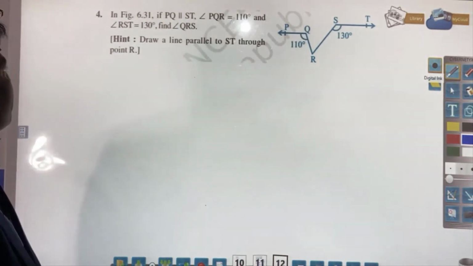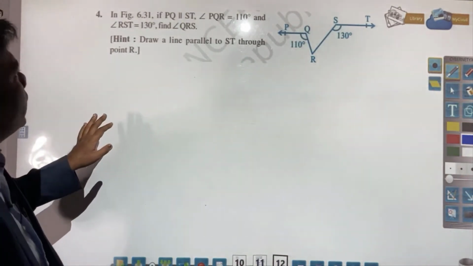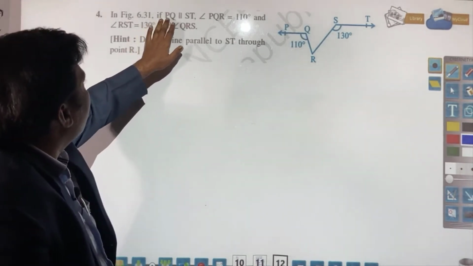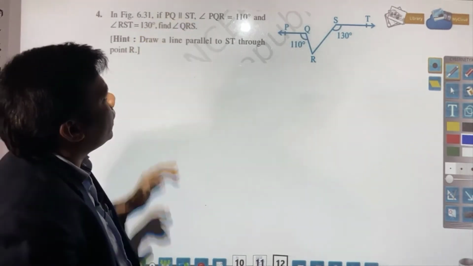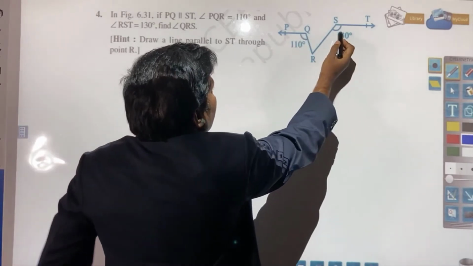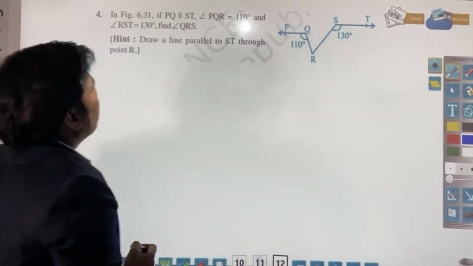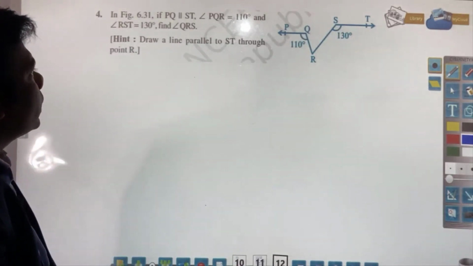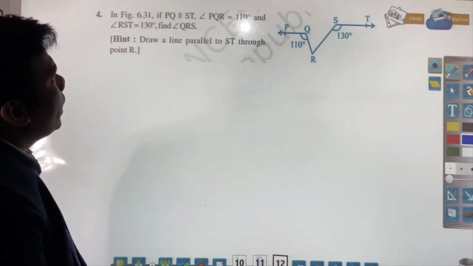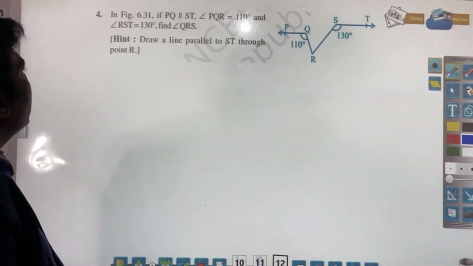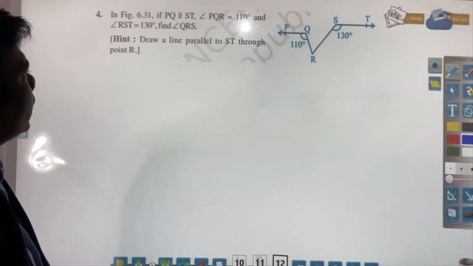Here you have, in figure 6.31, if PQ is parallel to ST, PQR is equal to 110 degree and RST is equal to 130 degree.